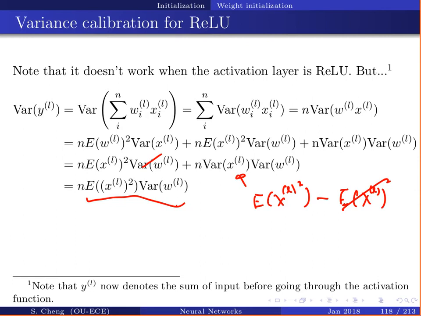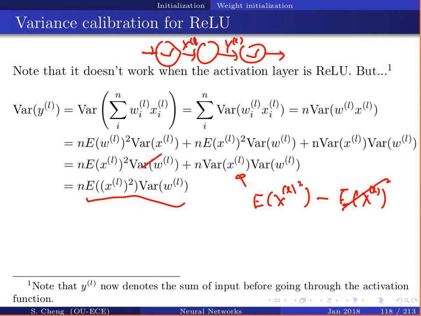And what can we say about the expectation of XL? The unfortunate thing is that every time I draw this, the picture is gone. Let's see. Again, I have X here, I have Y here, and I have the activation function here. So this is XL, going through the activation function, and this is YL.